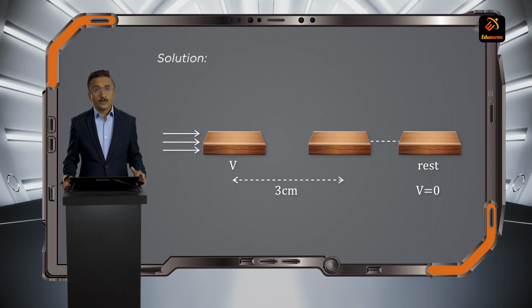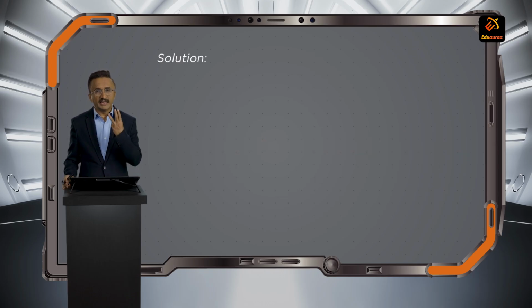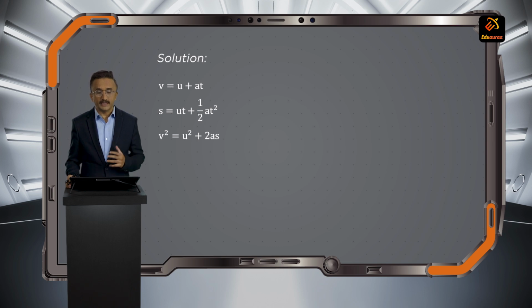Remember one thing, whenever we are discussing the motion, we have only three equations. v is equal to u plus at, s is equal to ut plus half at square, and v square is equal to u square plus 2as.